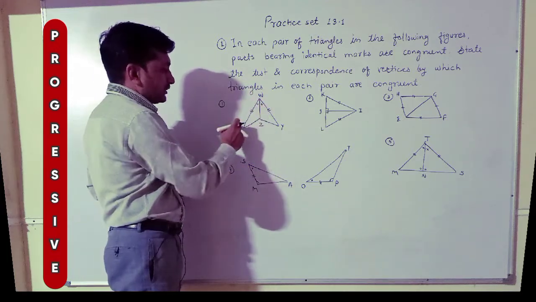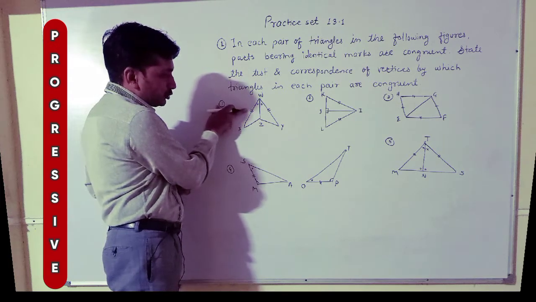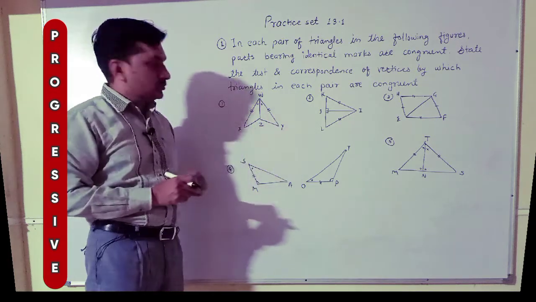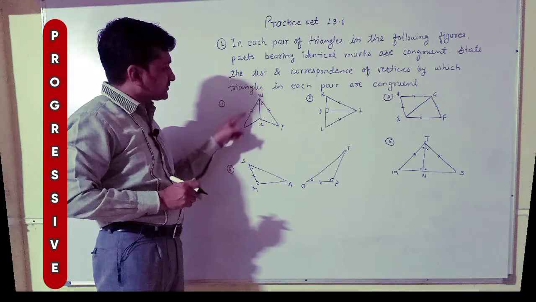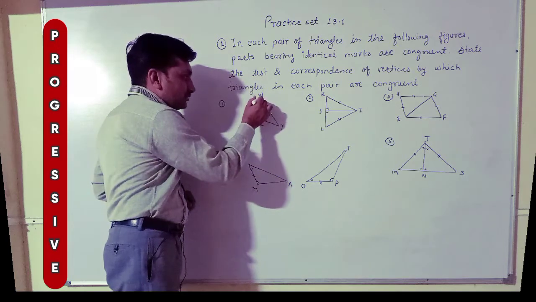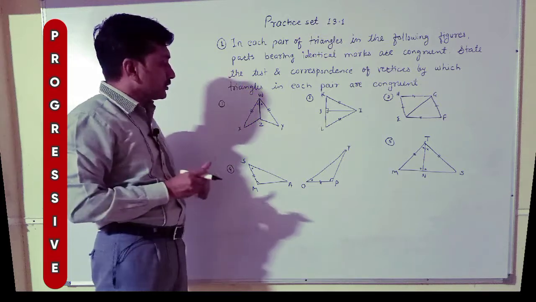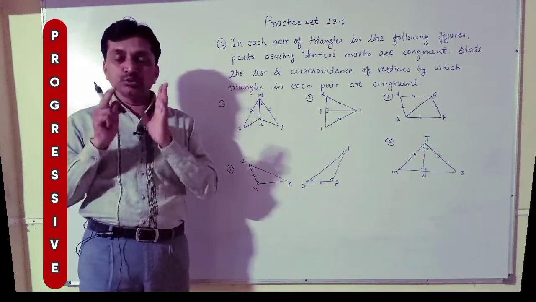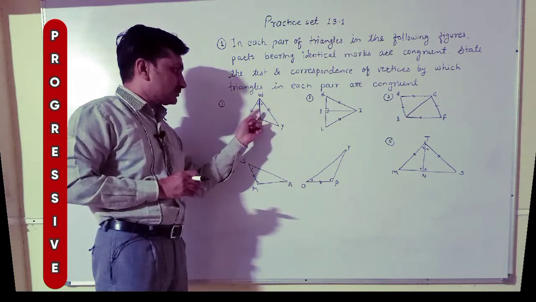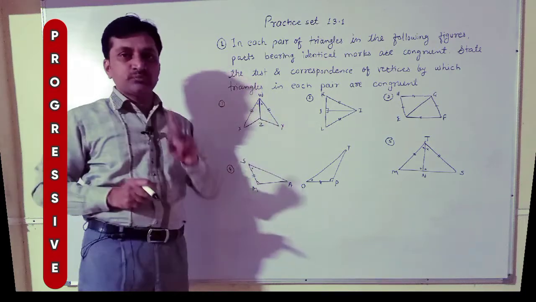Now here in WXZ and WYZ, you see side WX is congruent with side WY. Here this angle, XWZ and YWZ, and this side WZ is common side to both. Now the test is, if two corresponding sides of one triangle, now here only one side is shown by identical mark, but the other is a common side, means two sides.